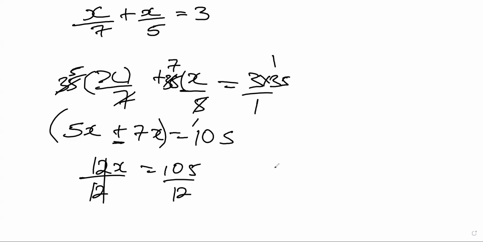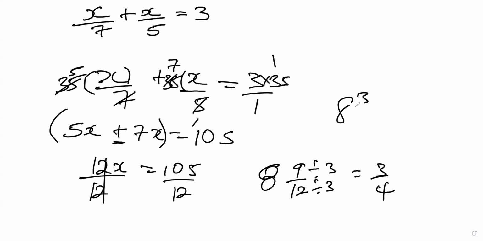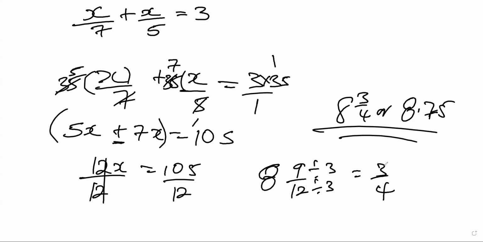So that goes 8 times and 9 over 12. And we can divide by 3. So it's really 3/4. So it's 8 and 3/4. Or some persons convert it to decimal. Any one of them is acceptable. But I'm not going to show you how it can get really complicated.